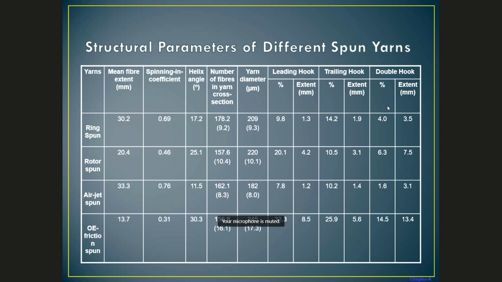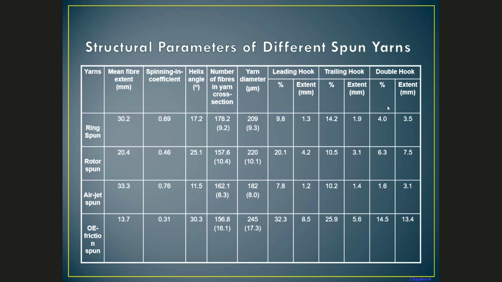So this is of course talking about the number of fibers in the yarn cross section. Now you see, the number of fibers in the cross section will depend on helix angle. So here you see ring yarn 178, rotor yarn 157, in case of air jet yarn 162, and friction it is 158.